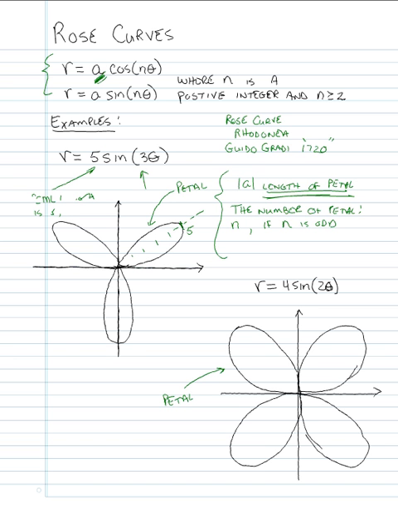And since 3 is odd, this graph has 3 petals. Now in the case that n is even, then the number of petals will be twice n. That's if n is even. So we look at the graph here, our n value is 2. So the number of petals will be 2 times 2, or 4, and you can see that we have 4 petals.